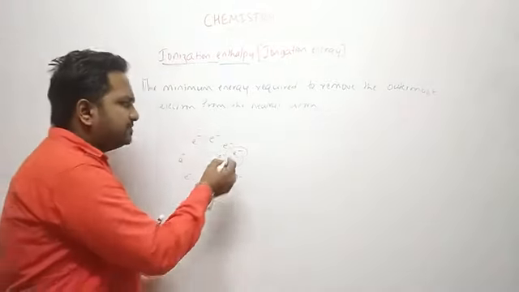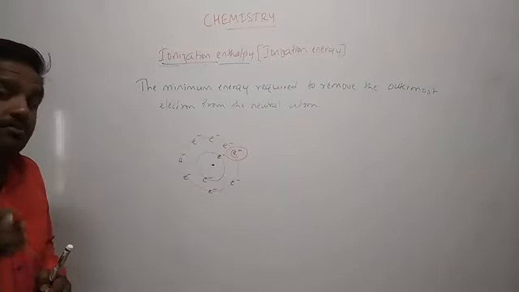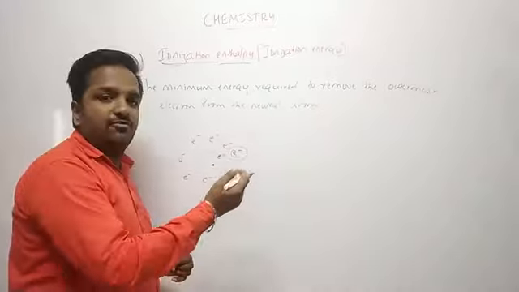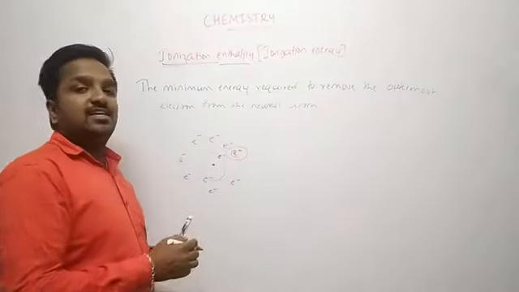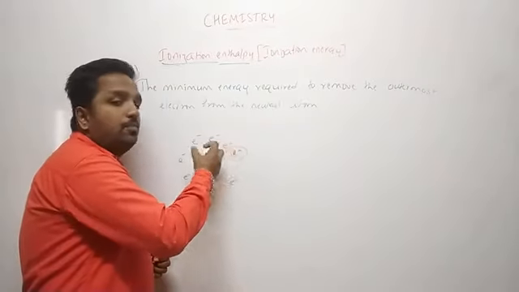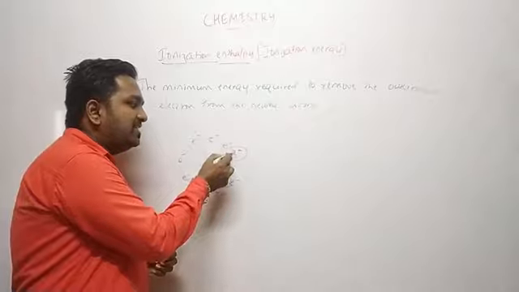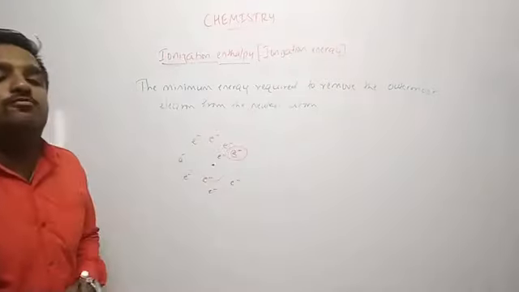In order to remove this negatively charged electron, we need to apply some external energy. That external energy is used to overcome the force of attraction between the nucleus and the outermost electron, and it is able to get that electron out of the atom.